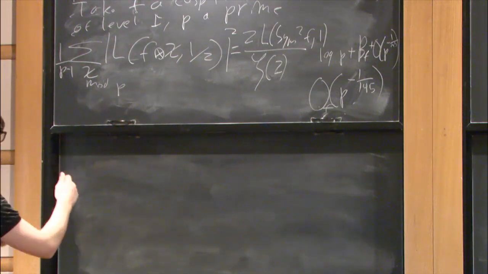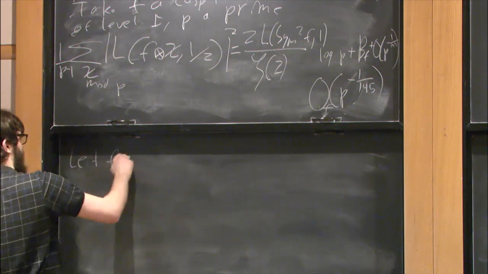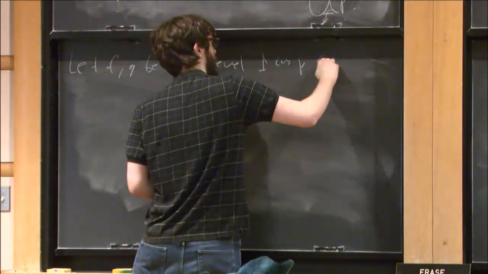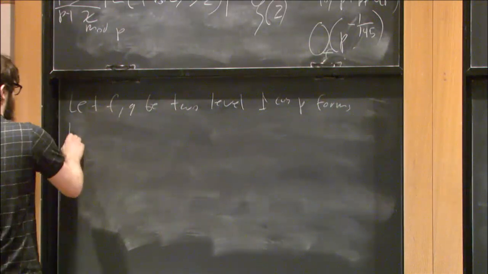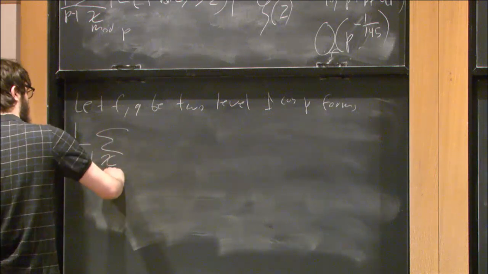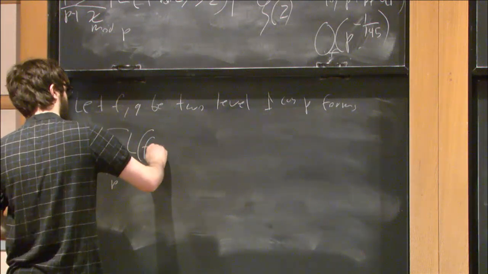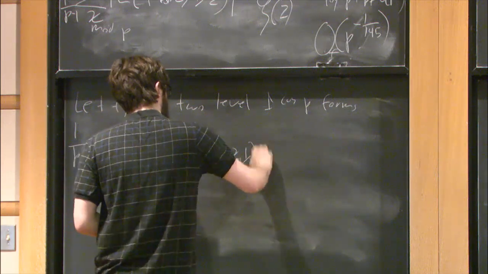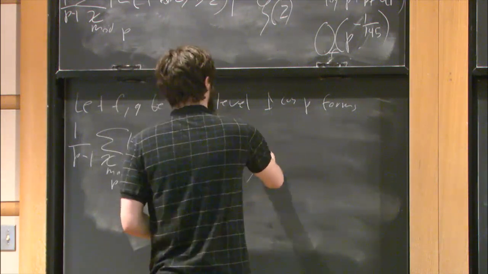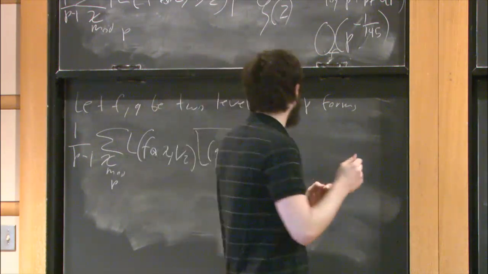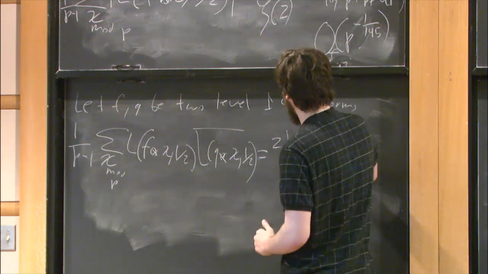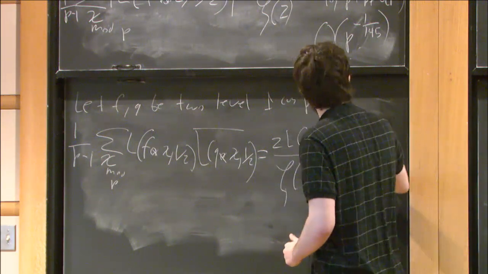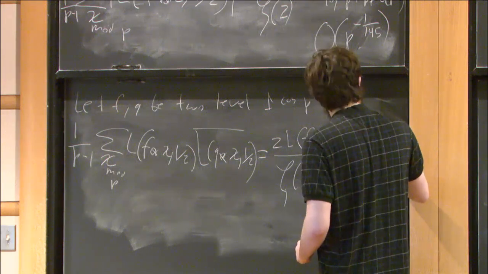If I let f and g be two level 1 cusp forms, then the same sum, L(f ⊗ χ, 1/2) times the conjugate of L(g ⊗ χ, 1/2), is, again, what some people may find the obvious main term, although not really to me, L(f ⊗ g, 1) over ζ(2), plus the same error term.